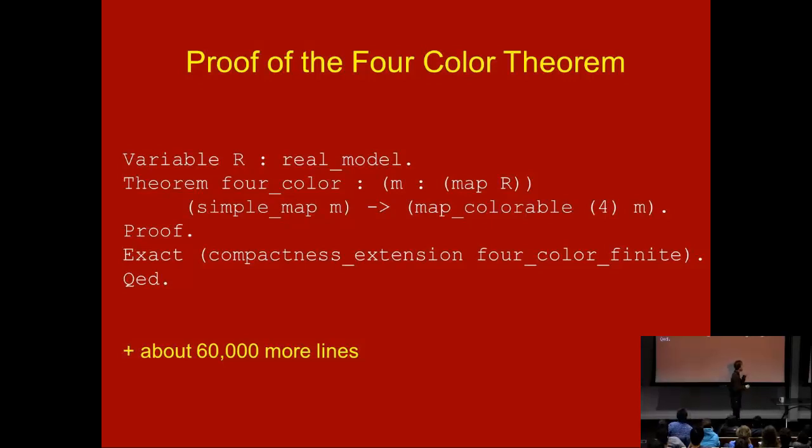But this is what you input into this 430-line proof checker. It says that basically if you have a simple map, then it's colorable with 4 colors. Really, this is the main function of the theorem, the first thing that gets studied. There's actually 60,000 more lines of code. But you can look it up. It's also online. So that's what the proof looks like.